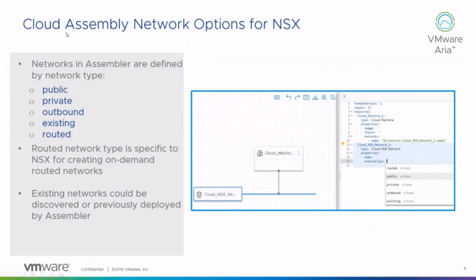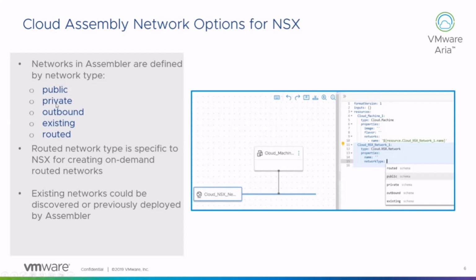Apologies for that, but assembler network options for NSX are defined using network types, and we're going to take a look at that live when we dive into the product. The network types are public, to associate with any networks that you, as a network admin or cloud admin, have labeled and flagged as internet facing maybe.